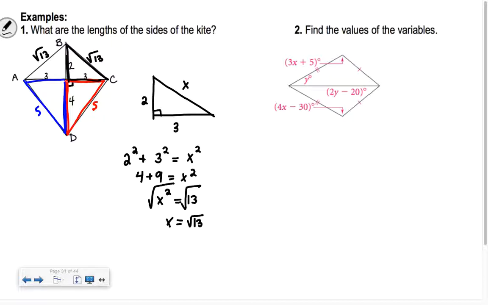All right, so find the values of the variables. So these opposite angles, those are congruent. Do we see that those are congruent? If we fold the shape over on itself, do they match up? Yeah, so we're going to say that 3x plus 5 equals 4x minus 30. So we get x equals, add the 30 over, 35.